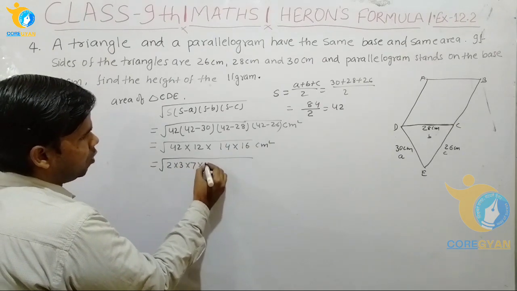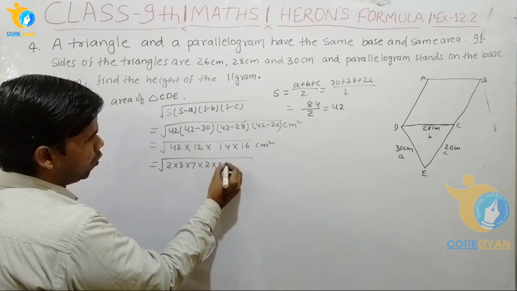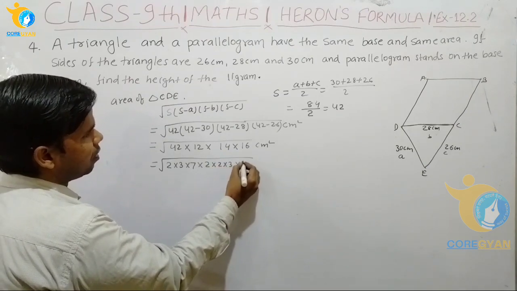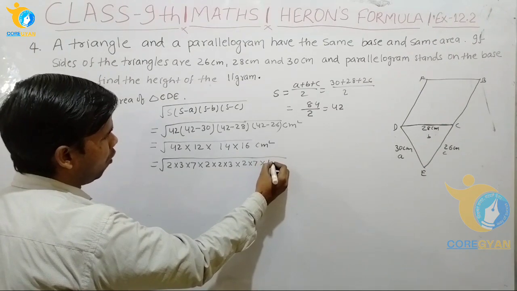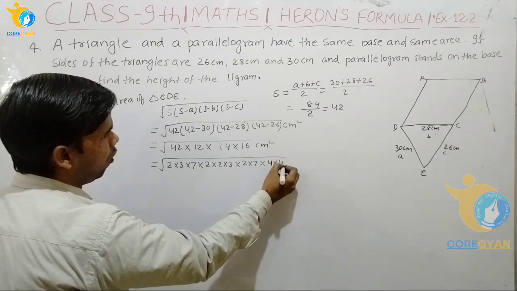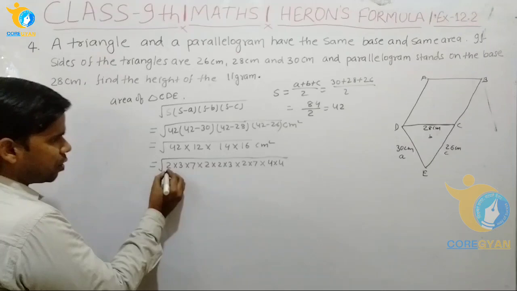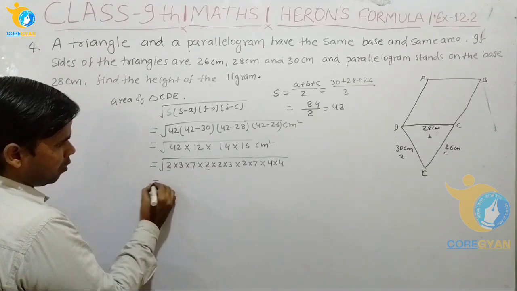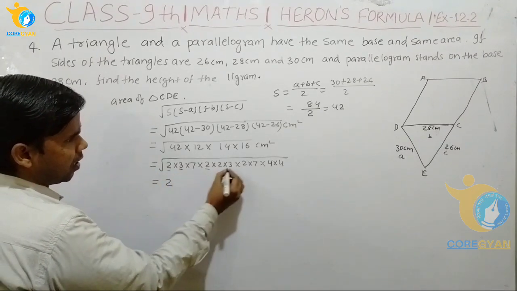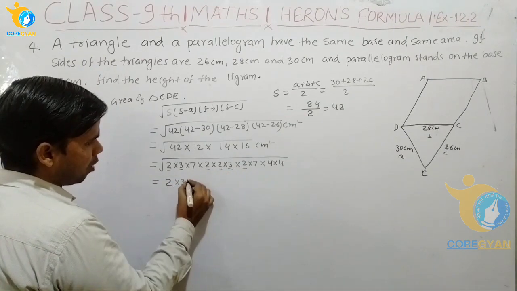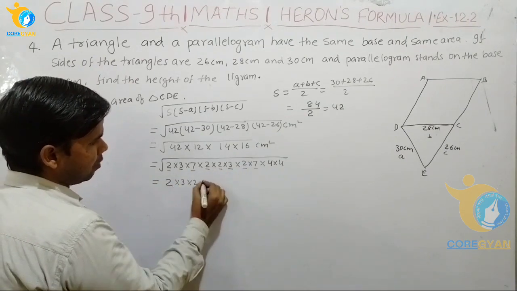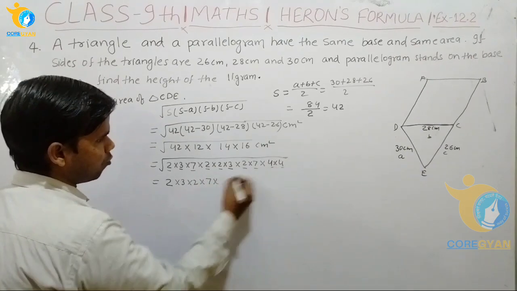Next 2 into 2 into 3, then next 2 into 7, and then next 4 into 4 into 4. So this 2 and this 2 pair goes outside, this 3 and this 3 pair goes outside, this 2 and this 2 pair goes outside, this 7 and this 7 goes outside, and this 4 is outside.